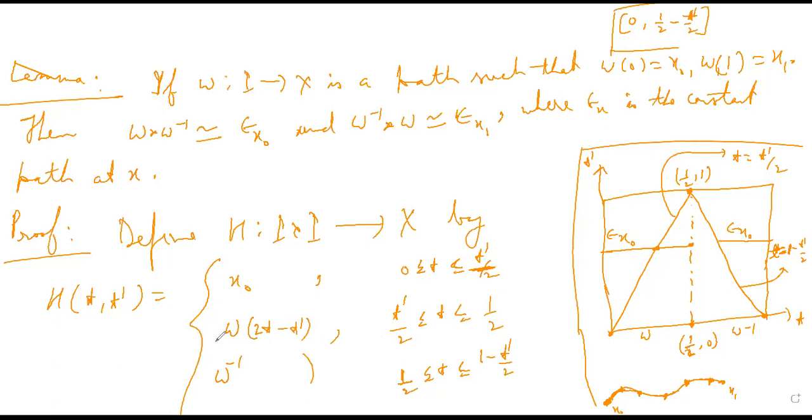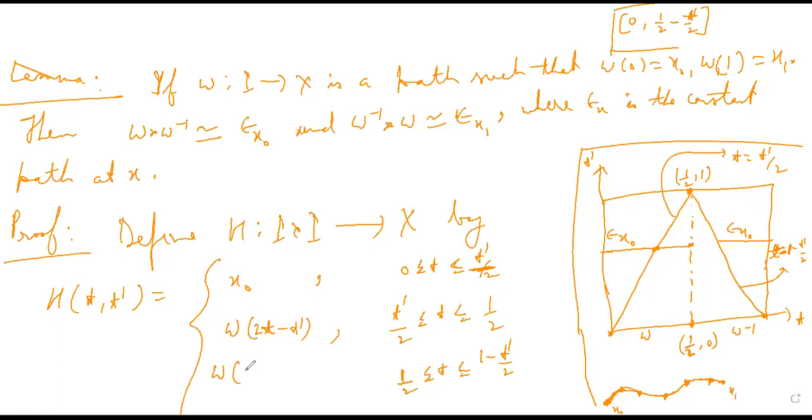So basically it is the reverse path of this. From here to here, omega is traversed up to some extent, and then it comes back, right? So here this t we should replace by 1 minus t.